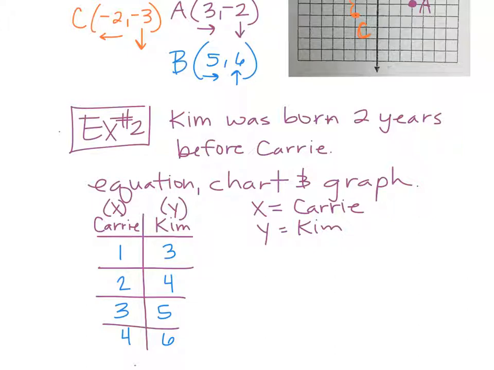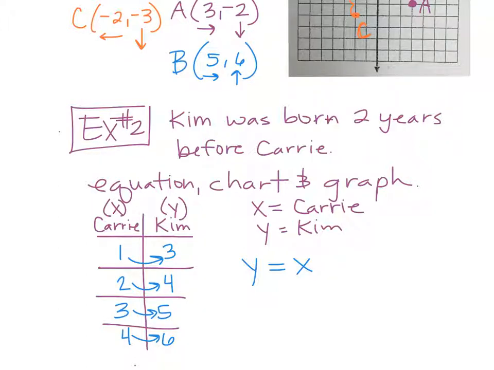We have to come up with an equation to show that relationship. So we can say Kim equals Carrie what? How am I getting from here to here, or from here to here, or from here to here? What are we doing to those Carrie numbers to get the Kim numbers?